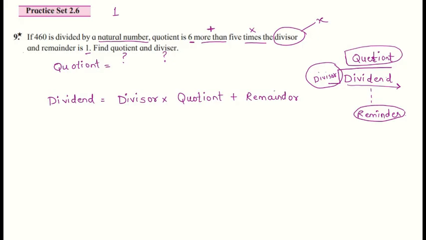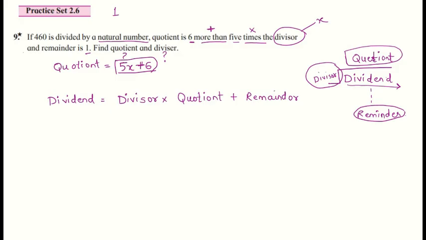More than means plus, and 5 times the divisor means multiplication, so the quotient will be written as 5x plus 6.